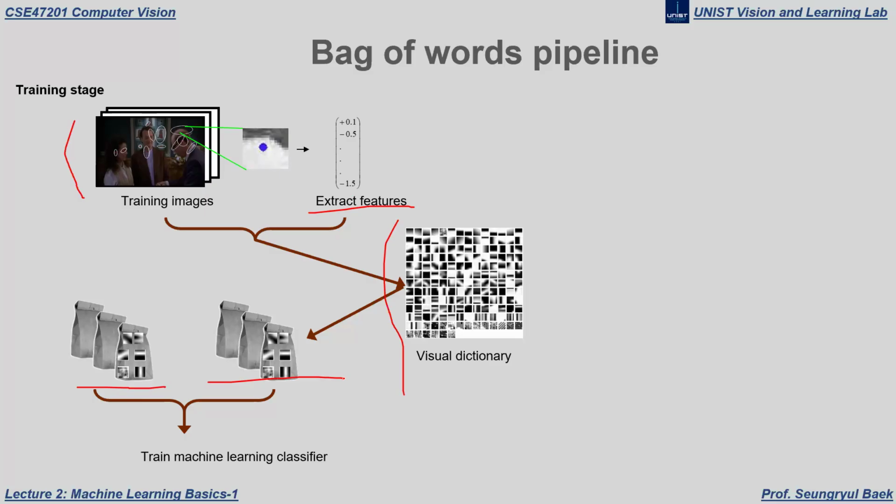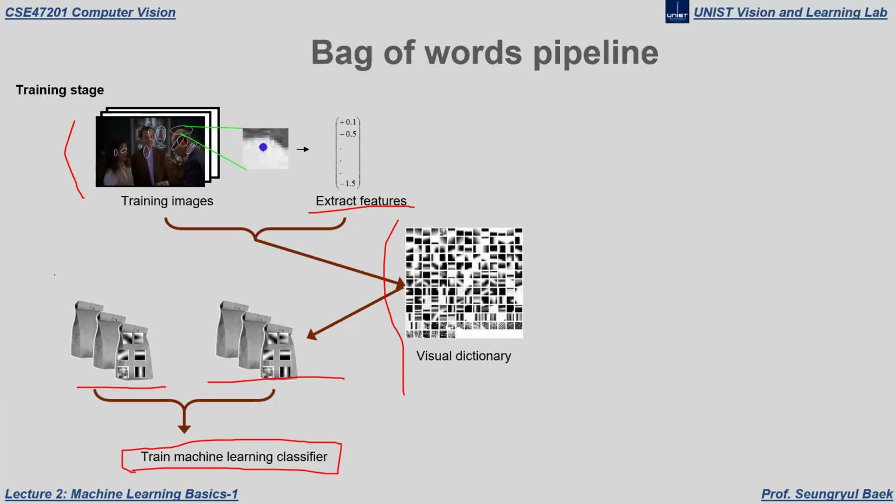And we will also represent all the training images as histograms of the visual words. Then using that, we will train the SVM as the image classifier.